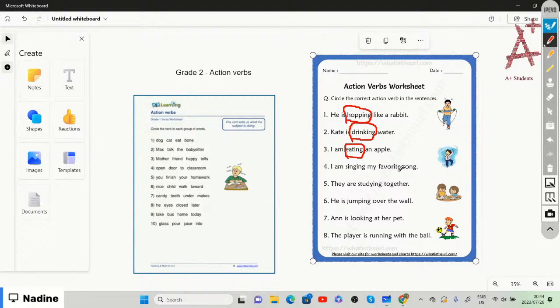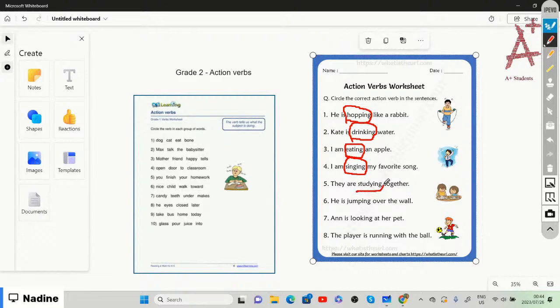I am singing my favorite song, right? So what am I doing? I am singing my favorite song. They are studying together, right? It's like asking yourself, what are they doing?